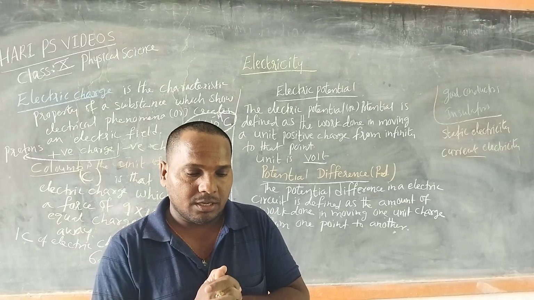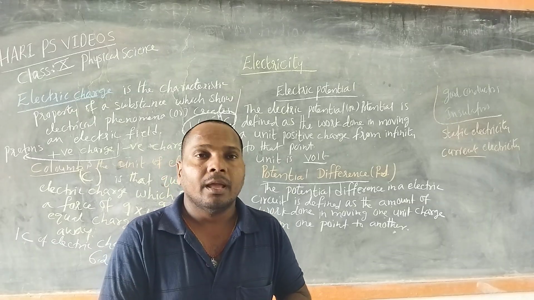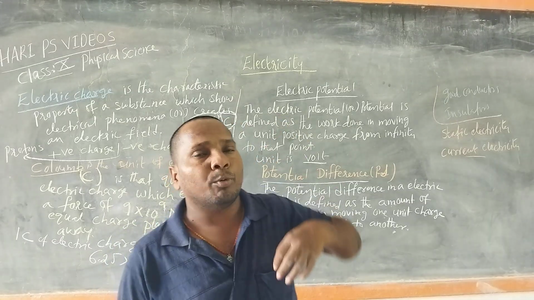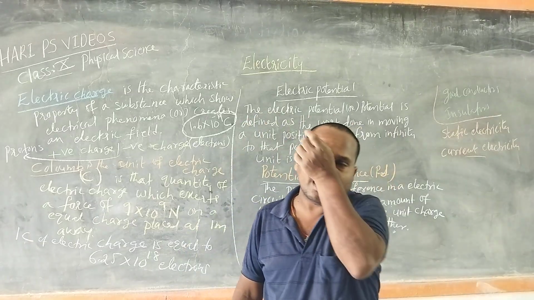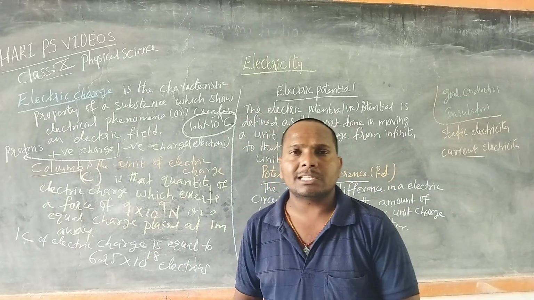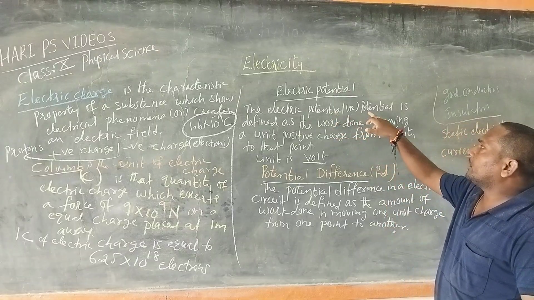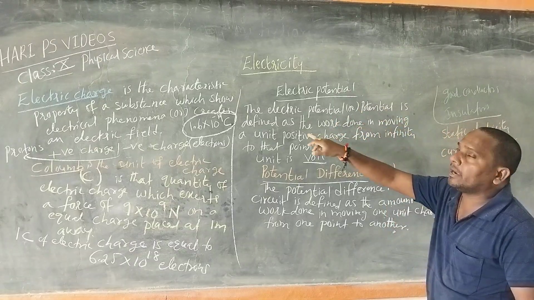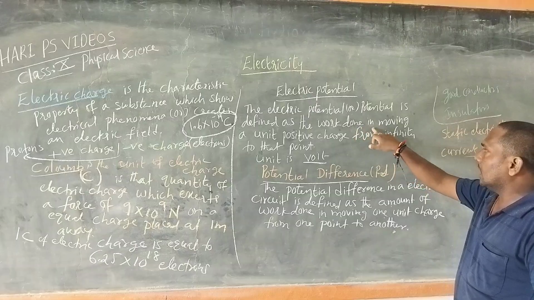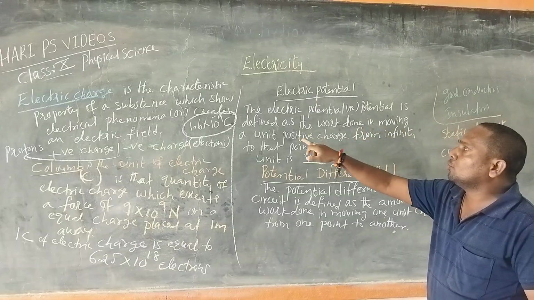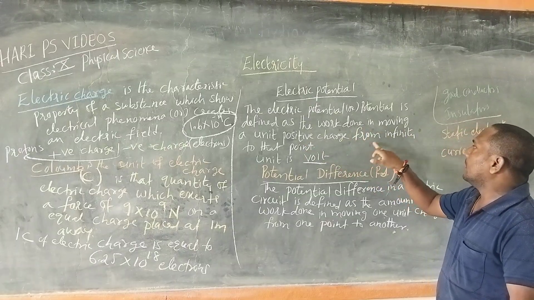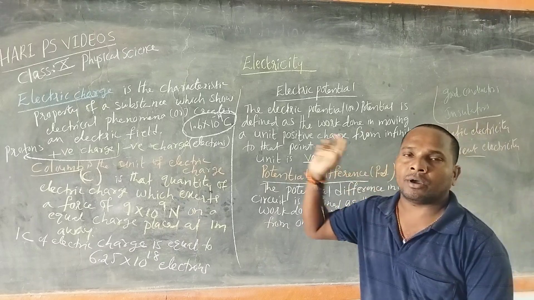That work is called electric potential, or simply potential. The electric potential is defined as the work done in moving a unit positive charge from infinity to that point.